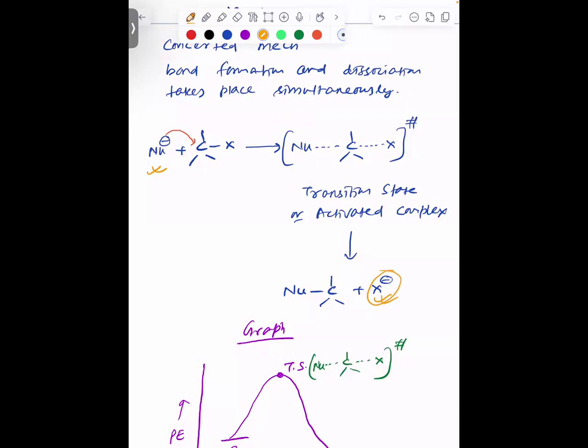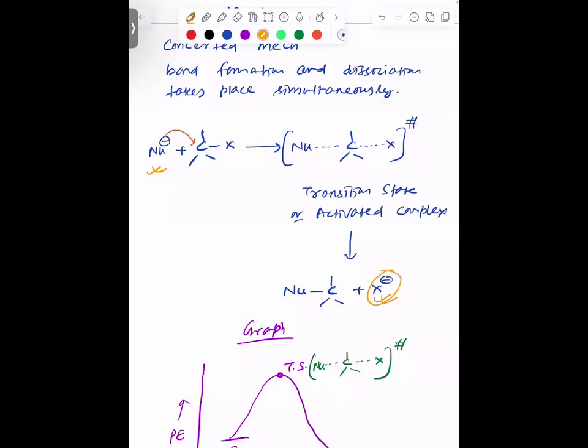Once the leaving group is released, are you listening? Once the leaving group is released, it has the tendency to reverse back, to attack the carbon center again. If it attacks the carbon center, then the reaction will be reversible.